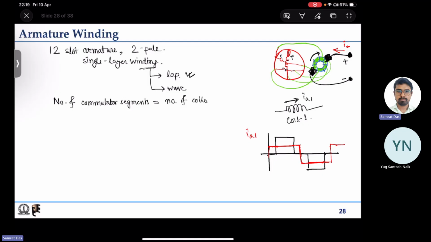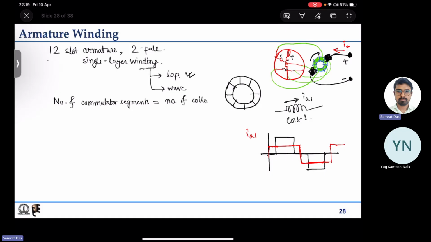By commutator segment, what we mean is, we have this commutator ring, and how many different segments are there. Say this is the case where you have 4 segments. If I again make some insulation, you will have 8 segments. So how many segments to be kept actually depends on the number of coils that you have. So how to determine the number of coils?